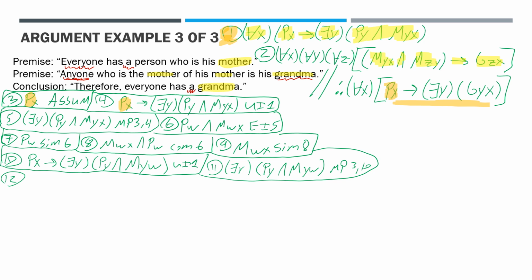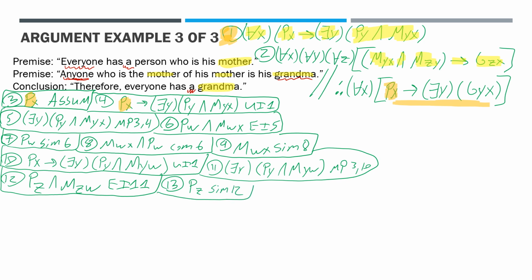So we'll get pz and mzw by the existential instantiation of line 11. And then for 13, we get pz by simplification 12.